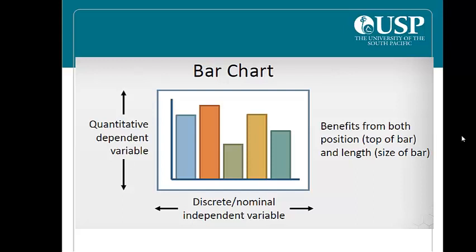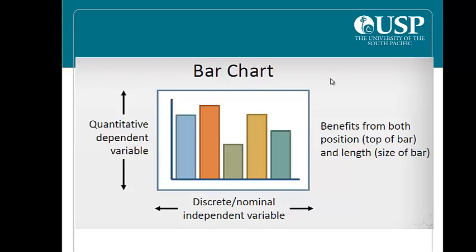So with bar charts, we have 2 types of variables. We have an independent variable along the bottom, and we have a quantitative dependent variable on the y-axis. So for this type of chart, you'll have just any sort of variable here, like it could be countries, it could be states. I wouldn't actually use countries in the bar chart because, as you saw maybe in the video about Tableau, your bar chart would just be way too long.